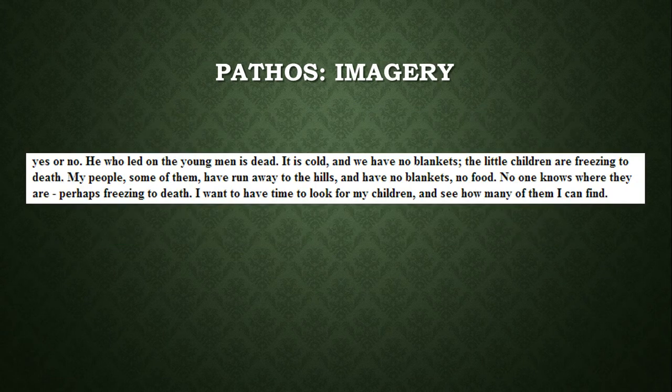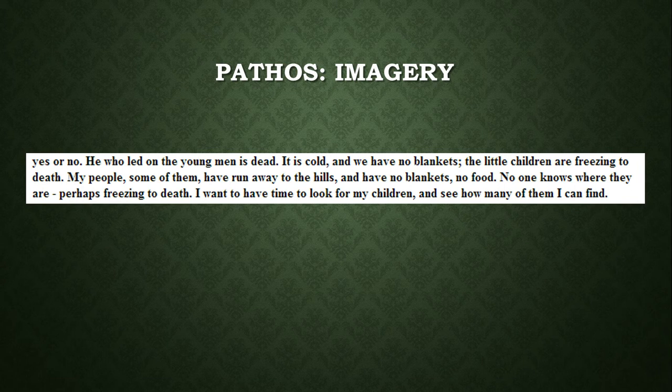Imagery is also a key technique, and imagery causes the audience to, as you would imagine, I've just used the word again, imagine or visualize an illustration that you're painting with words.